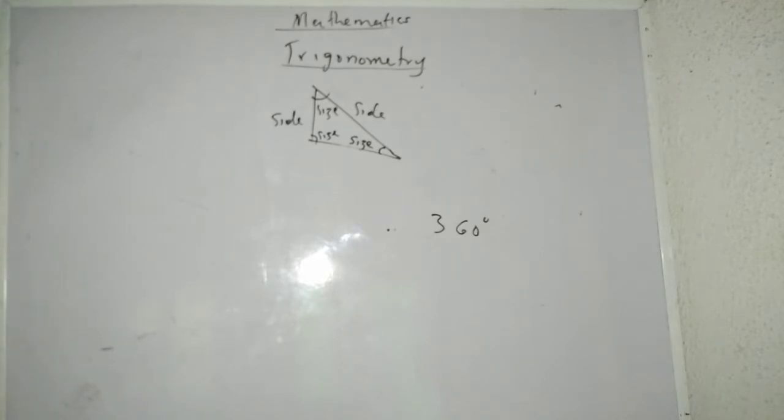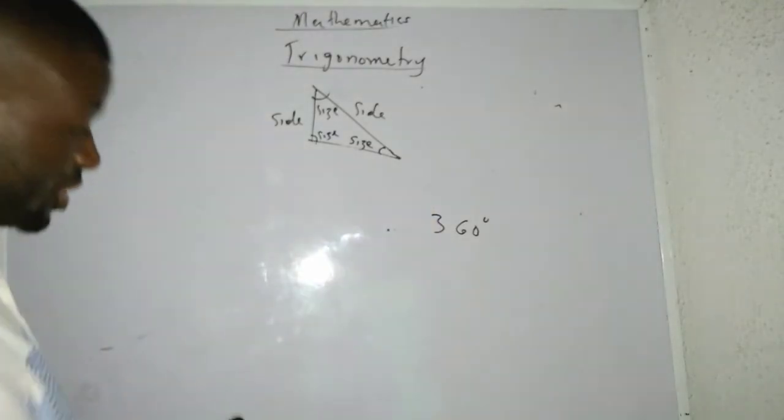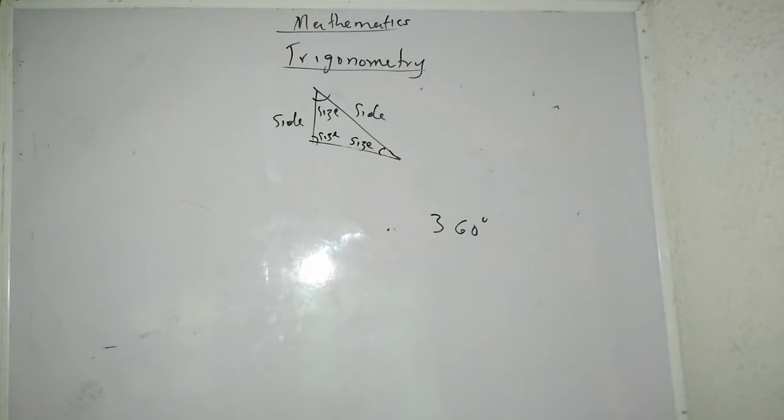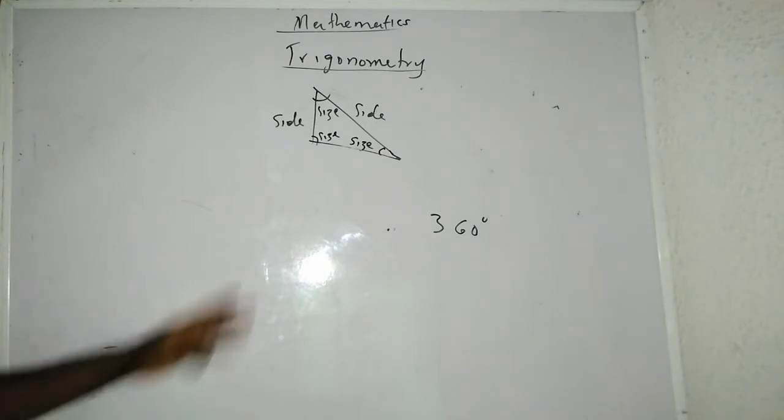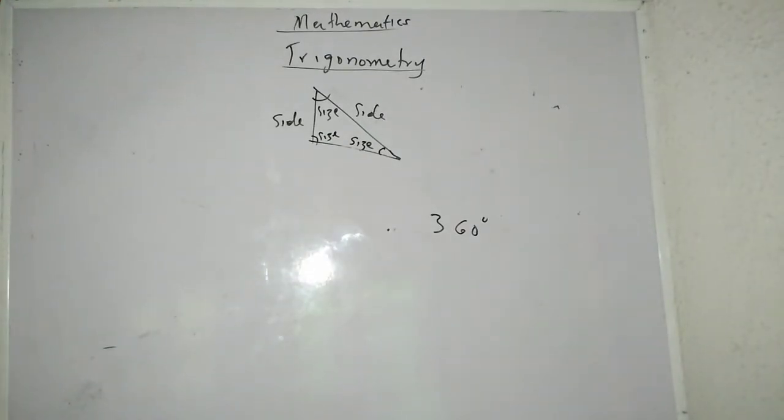Everything that you are talking about in a circle is also here, and it can be enlarged. Now, angle at a point is 360. I'm not in geometry today, but I want to work on trigonometry. Let me go far away from that.